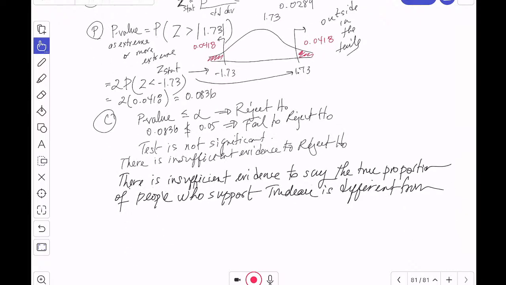I don't know what his ratings are now in real life, but I hope they're low because he's doing a terrible job. Different from 50%. Something like that.